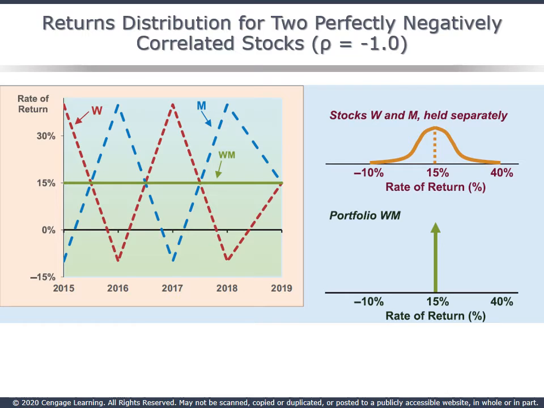But when you combine them together and you put half your money in one and half your money in the other, the rate of return stays the same at 15%, but there is no more risk. When you look at the distribution, there is no distribution. There is no bump there. The risk is eliminated because of that perfect negative correlation. They cancel each other out.